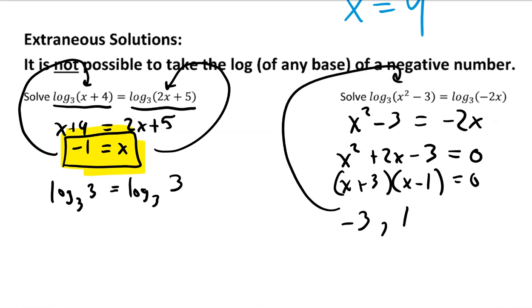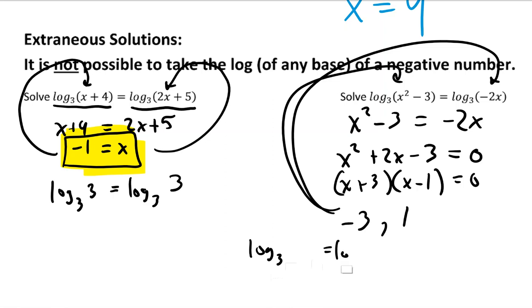Plug in negative 3 to both sides. You would get log base 3, log base 3. Negative 3 here would be 9 minus 3, and negative 3 here would be negative 2 times negative 3. Okay, that works. That's a true statement. There's no issues with negative 3.